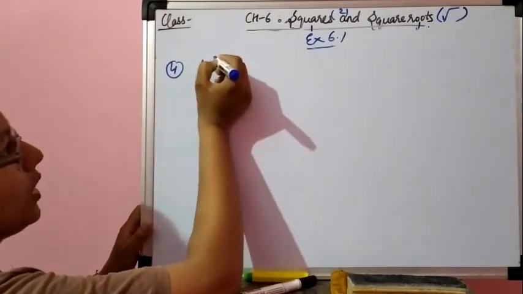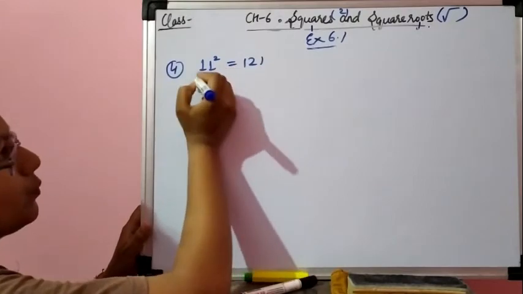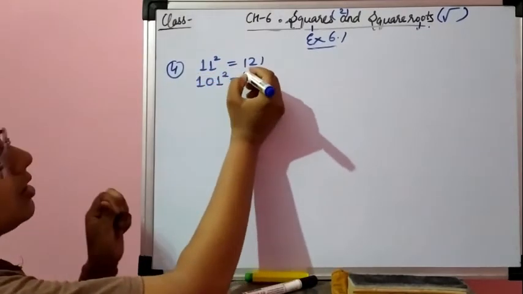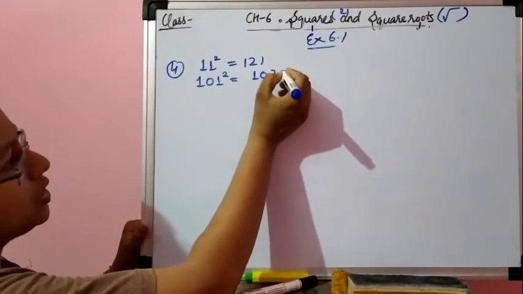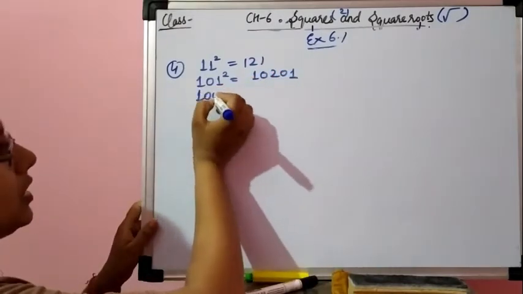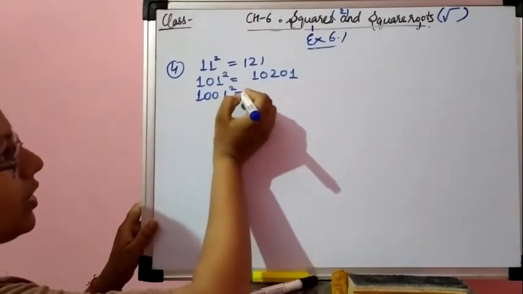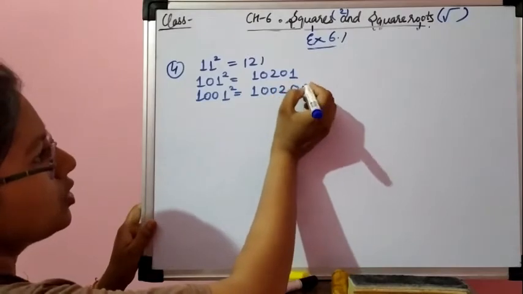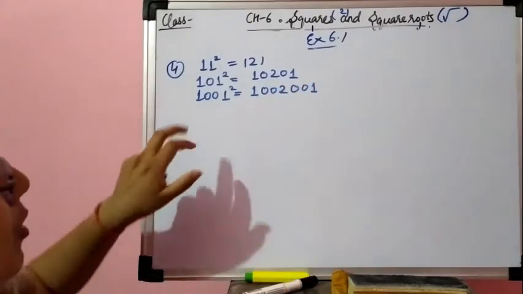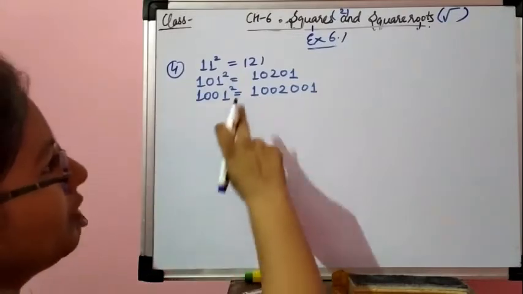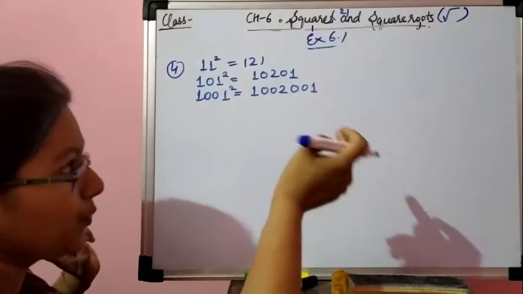Like 11 square is 121 and 101 square is 10201. Okay, and if it is 1001 square, it will be 1002001. So what we have observed is that the number of zeros there are, that many zeros will come in between 1 and 2 and then 2 and 1.